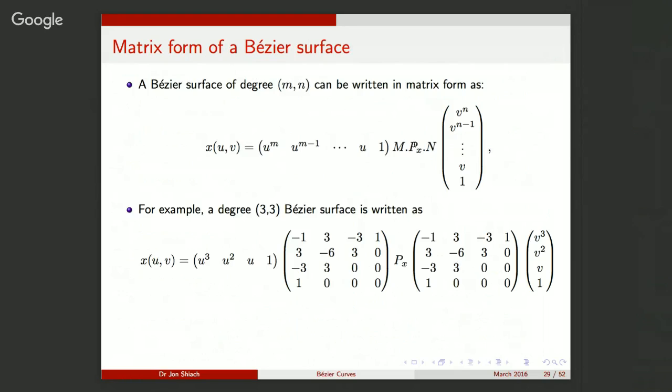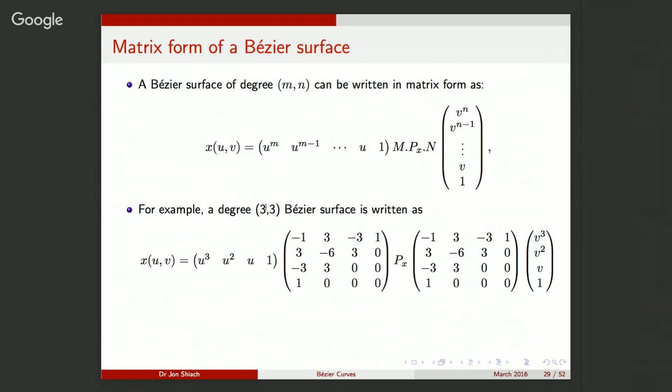Then that's multiplied by Px, which is your matrix of x coordinates on the surface. Then it's multiplied by N, which is your Bezier curve matrix in the y direction. And then it's multiplied by a similar column vector, but this time it's the parameter v's. Okay, so m and n, let's say we have degree 3, 3.